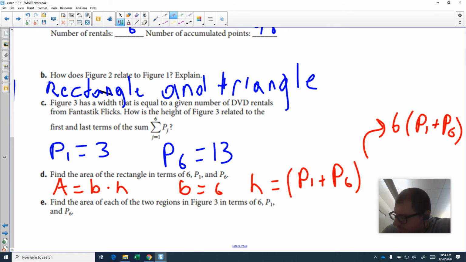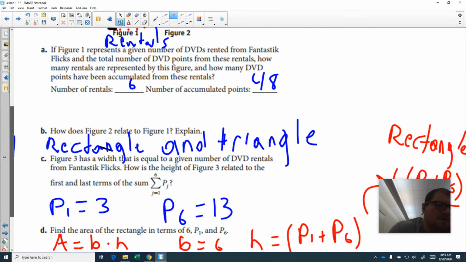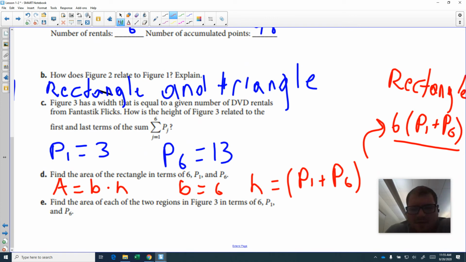So now, what they want me to do in letter E is find the area of the two regions. This would be the area of the rectangle, correct? Base times height. However, the actual picture itself is technically a triangle, right? So if we think back, isn't it just half of a rectangle, 1/2 base times height?